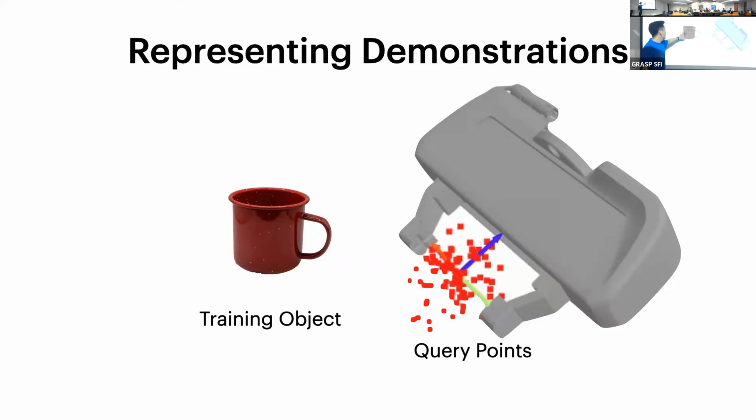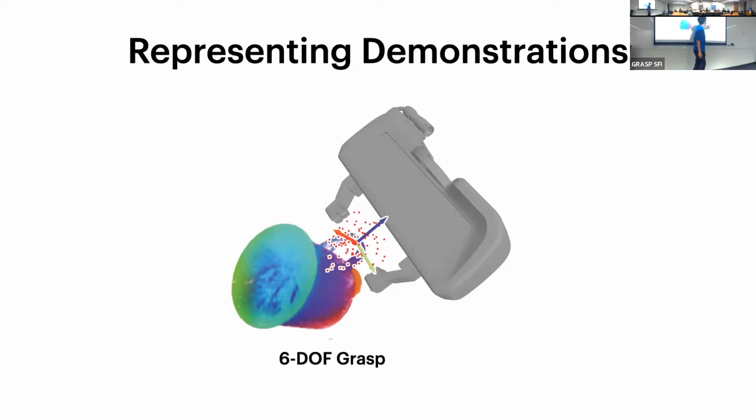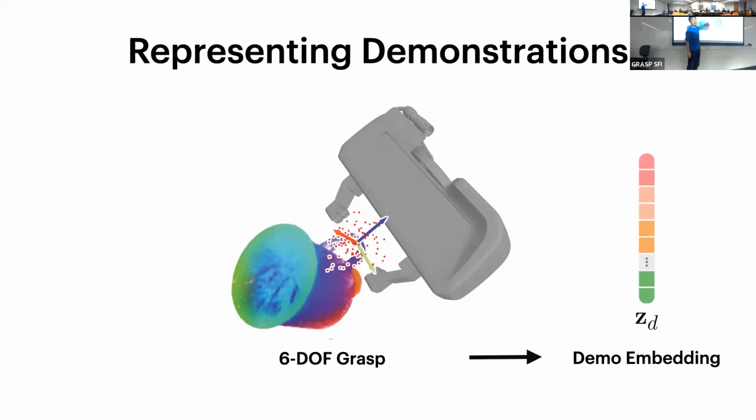Then we scan the scene to extract the feature field of this test object. And then we can represent this demonstration by assembling a representation vector from the features sampled at each one of these points in the query point cloud.